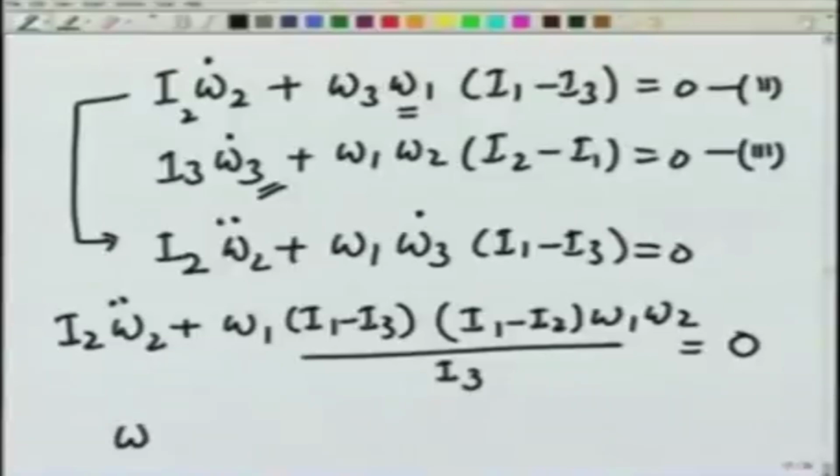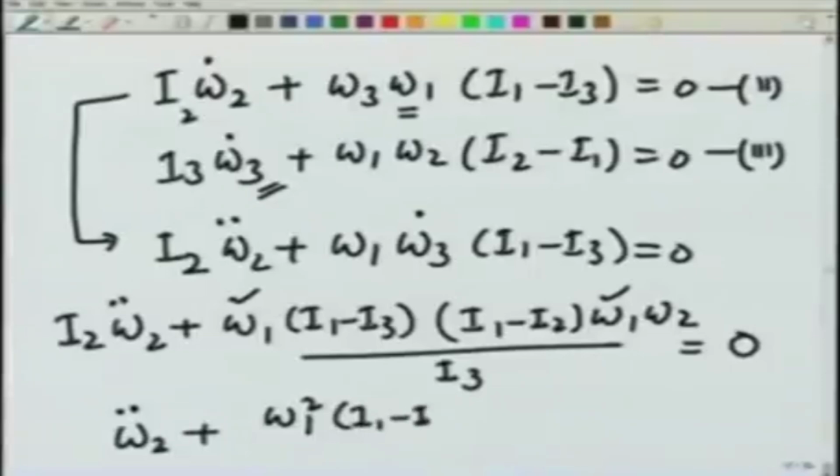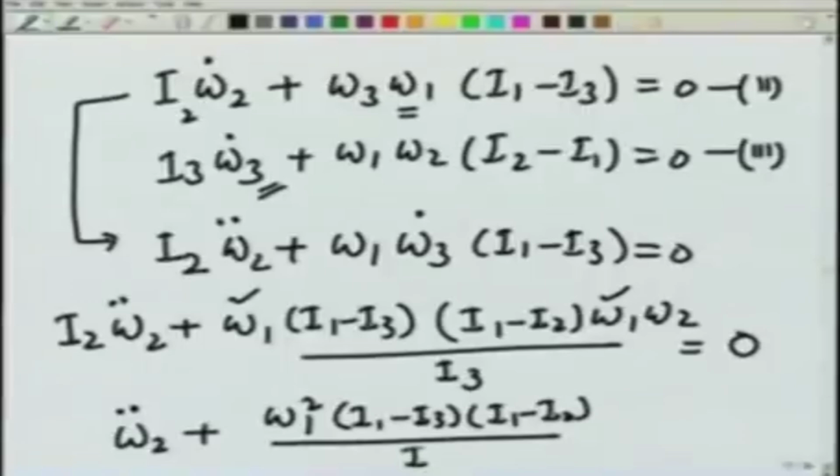So, the equation I get is omega 2 double dot plus omega 1 square, I multiplied this and this, (I1 minus I3) times (I1 minus I2) divided by I3 omega 2 is equal to 0. This is the equation that determines the time evolution of omega 2.